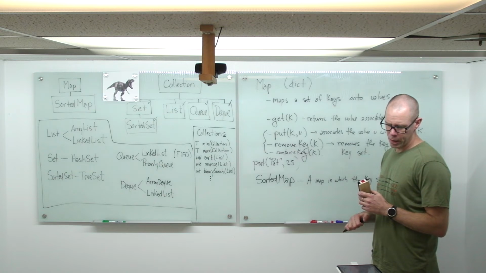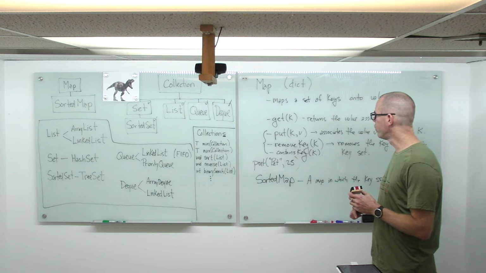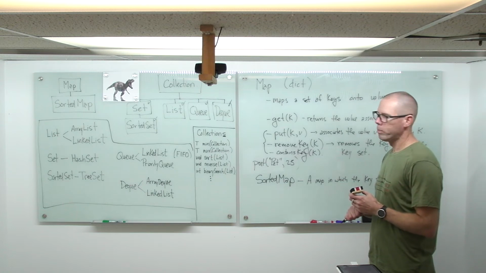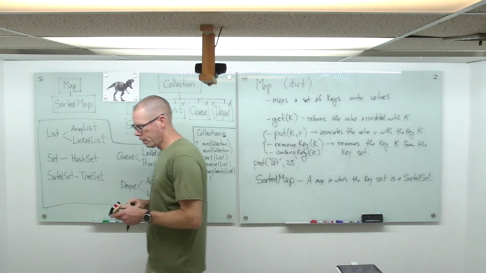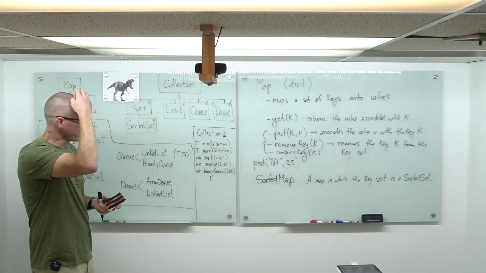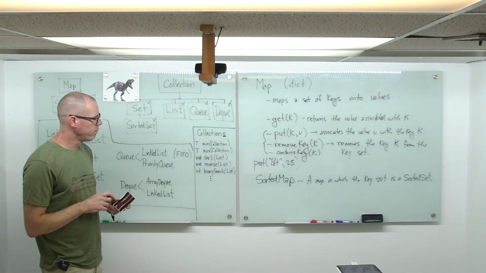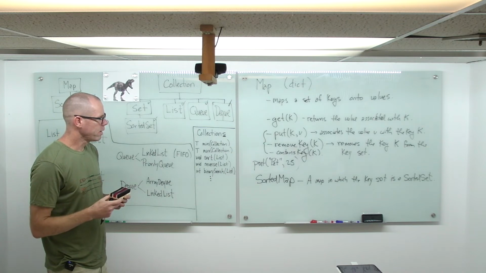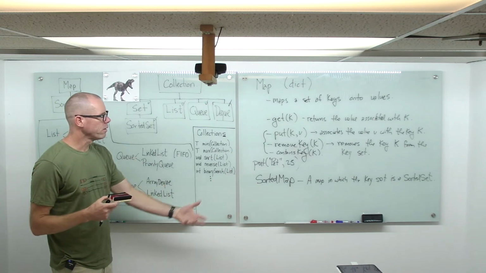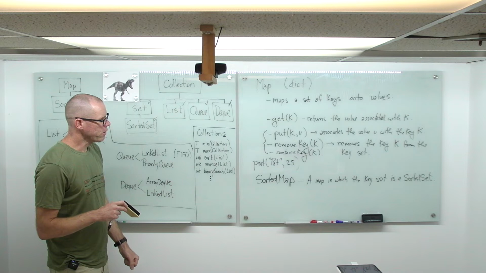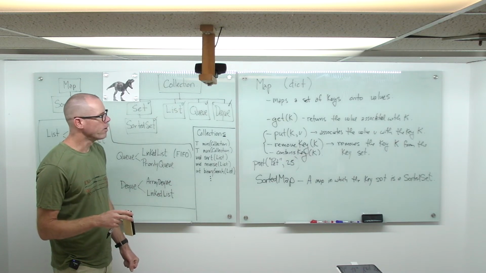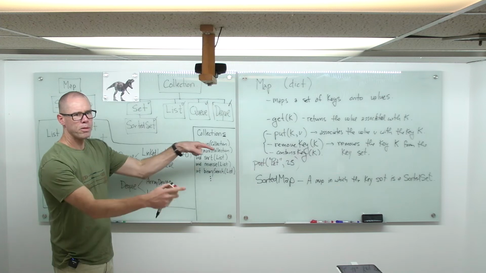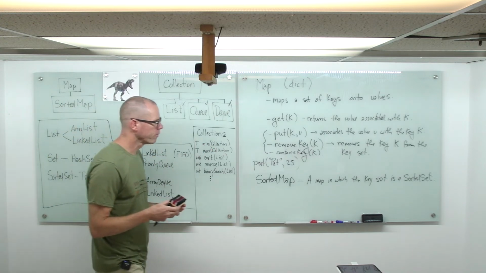So it's actually a surjective function, or actually it's just a function. It's a function from keys onto values, which means you don't have a key that maps onto two different values.